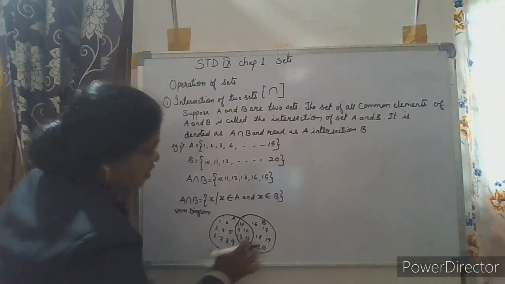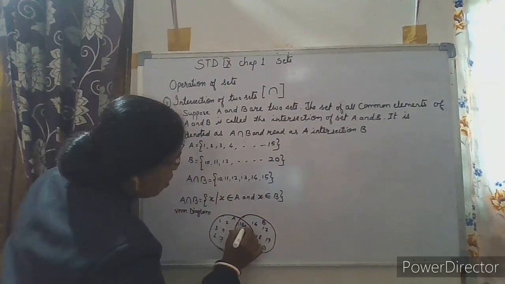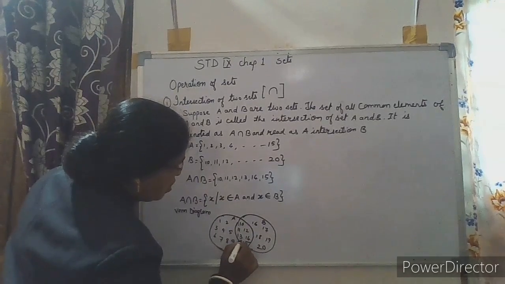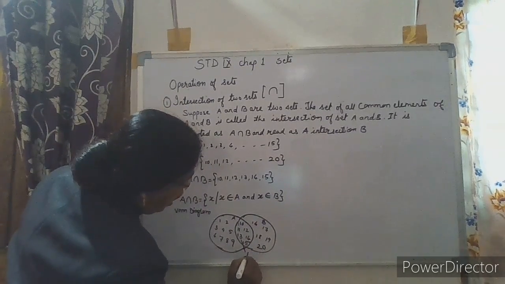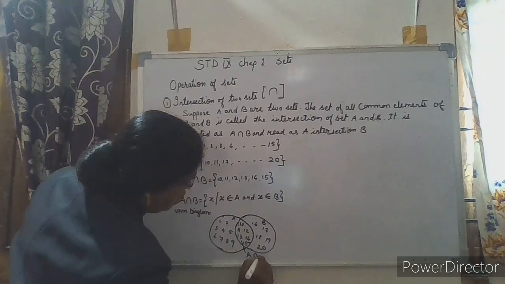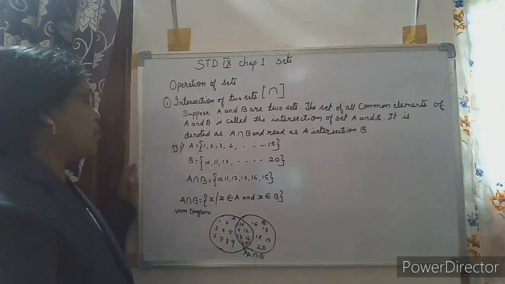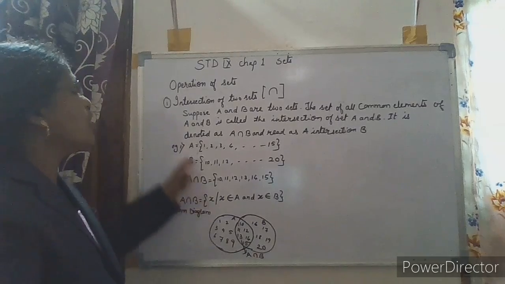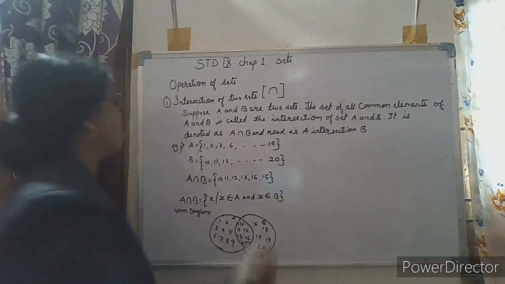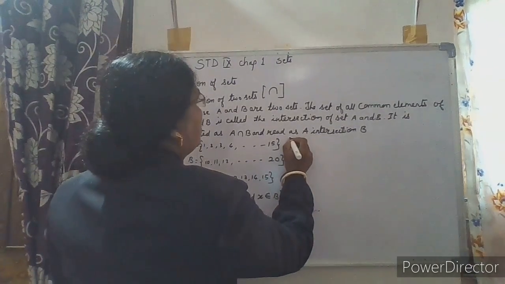Now this intersected part, this part is A intersection B. This is the Venn diagram for intersection of two sets. Now, example 2.